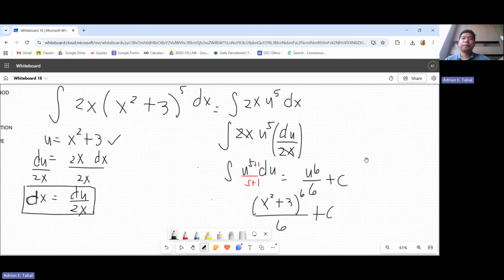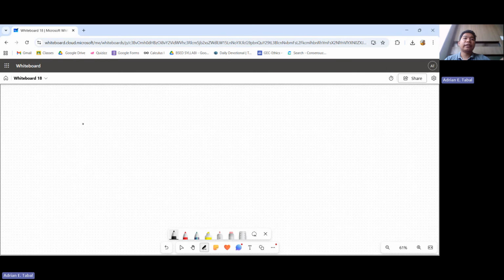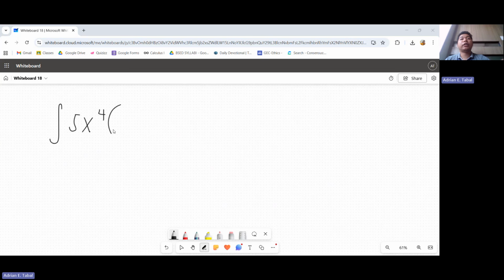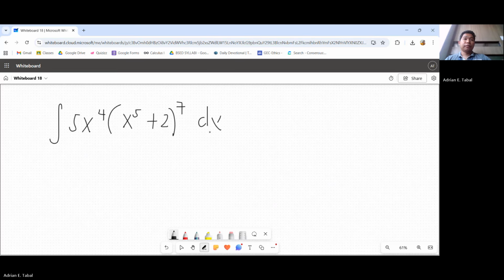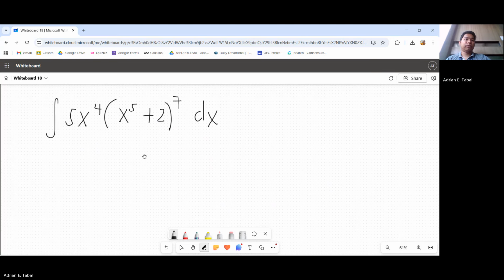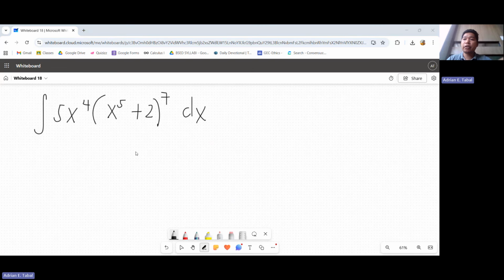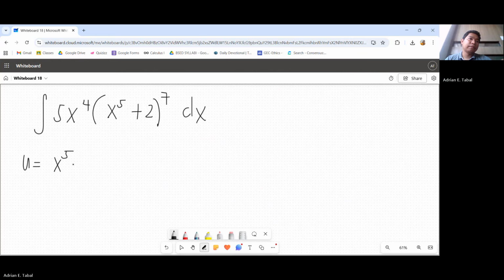Example number 2. We have the integral of 5x raised to 4 multiplied by the quantity of x raised to 5 plus 2 raised to 7 dx. First, we are going to find our u. Our u is equals to x raised to 5 plus 2.